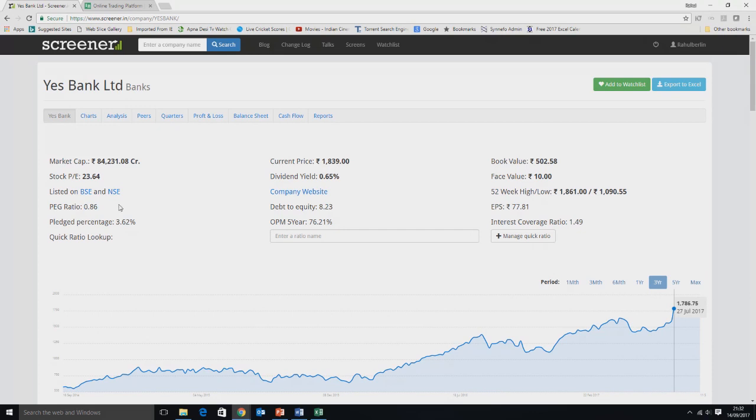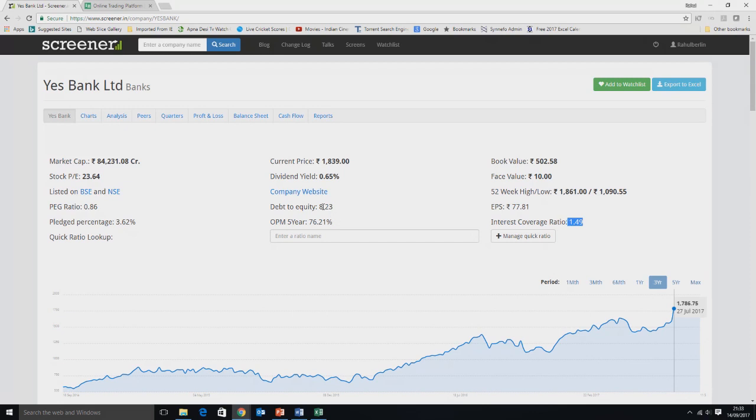And ideally, I am very much happy to have the companies who have a PEG ratio of 0.5. But anyways, debt to equity, this is not good. 8.23. And ideally, it needs to be less than 1. Interest coverage ratio, that is also not good.